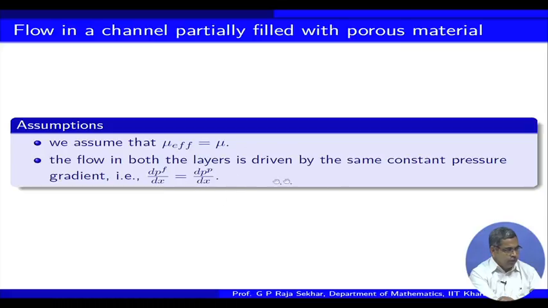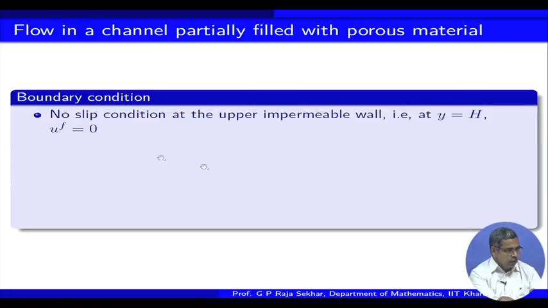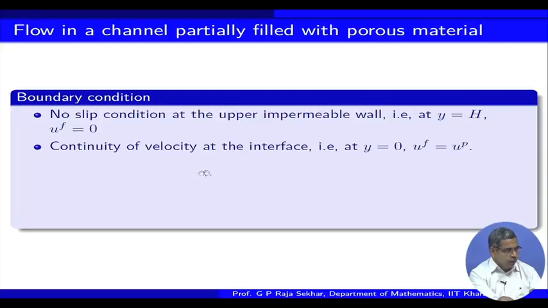Okay. So, we go for this assumption, and set up the boundary conditions: no slip at the upper wall. The upper wall is a clear flow, therefore the corresponding U f is 0. At the interface, in the previous lectures we discussed the interface conditions, in particular this being unidirectional and a Stokes-Brinkman coupling.